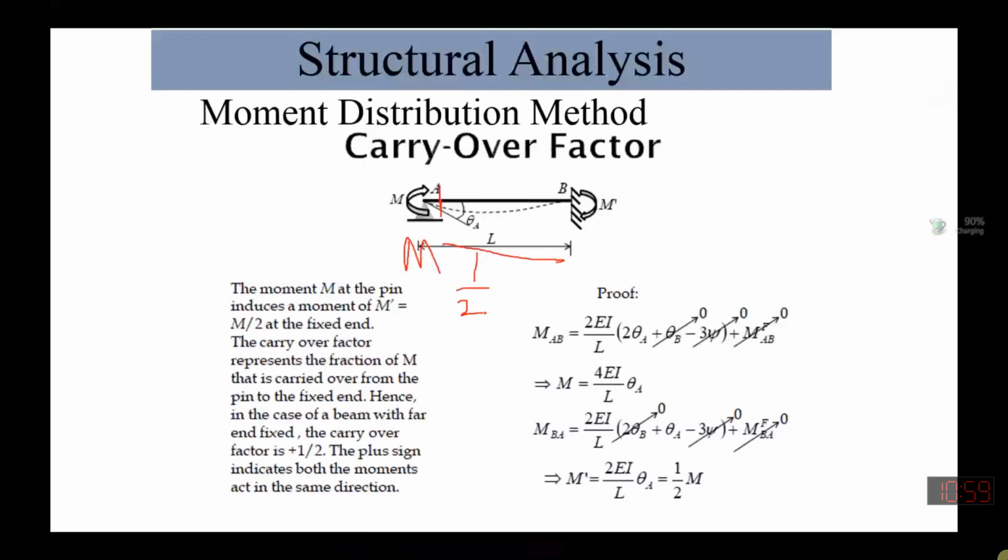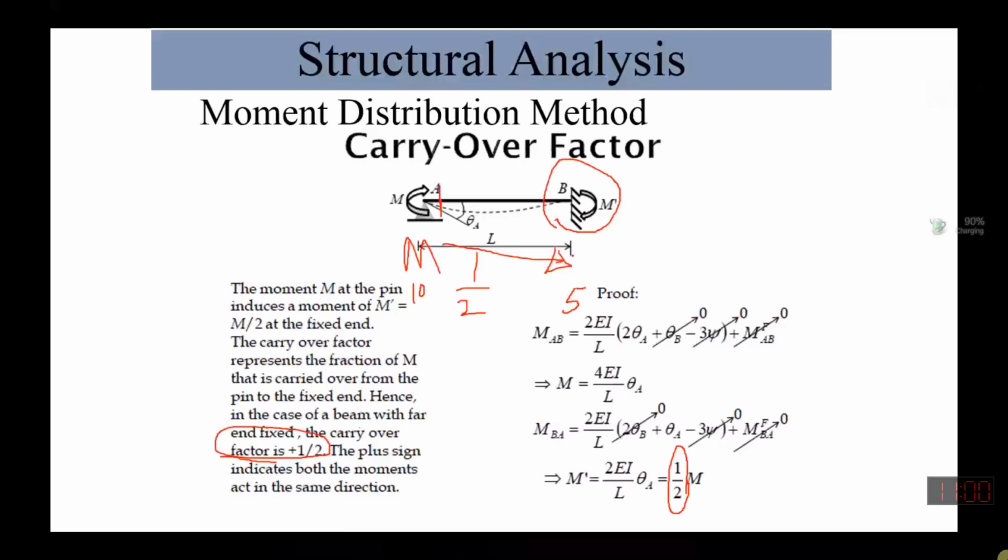We can carry over 5 kilonewton meter here, if, and this is very important, our far end is fixed. इस चीज की समझ आई है जी कि नहीं? You got it or not? This half is our carryover factor. This plus 1/2 is our carryover factor, but it will be used only and only if our far end is fixed.